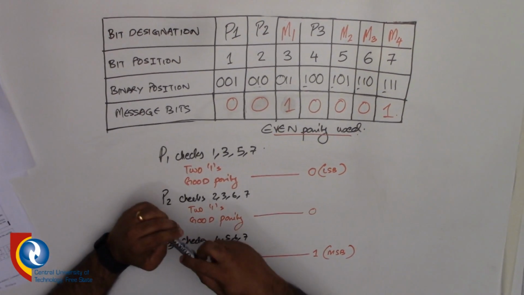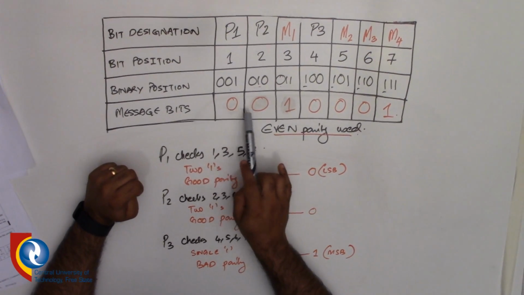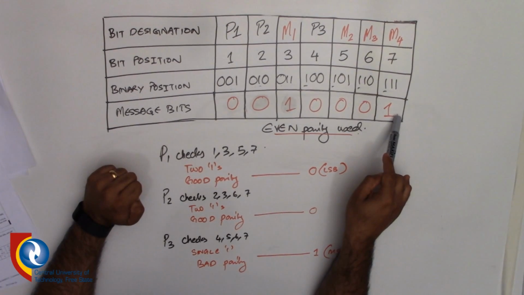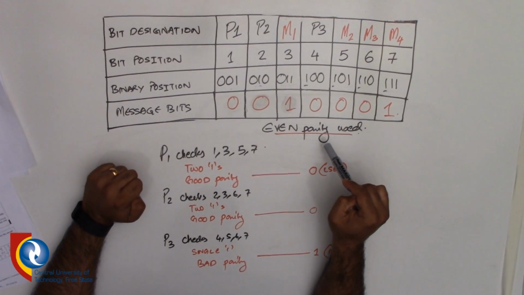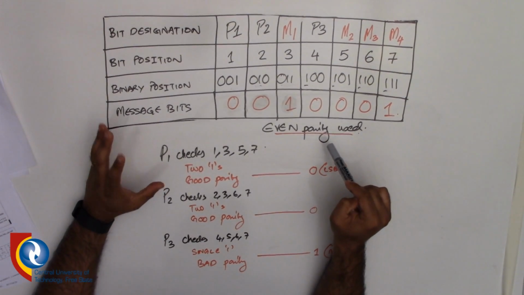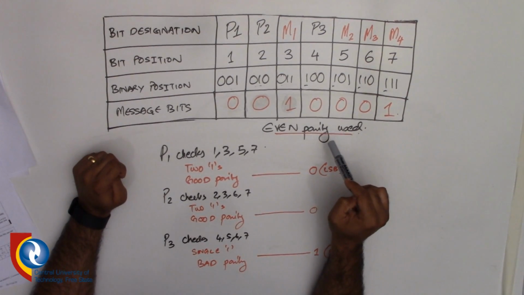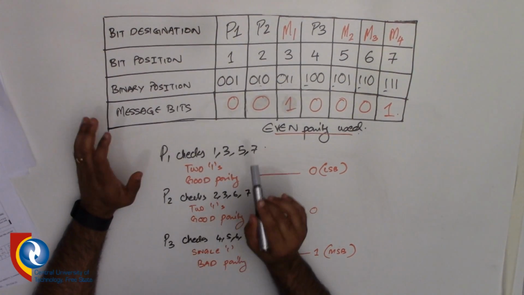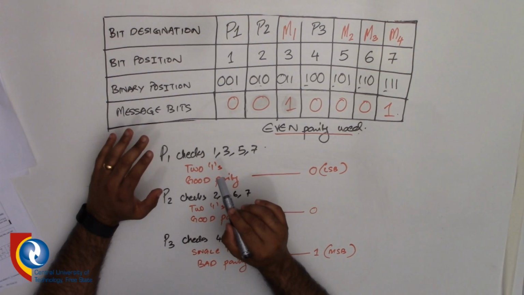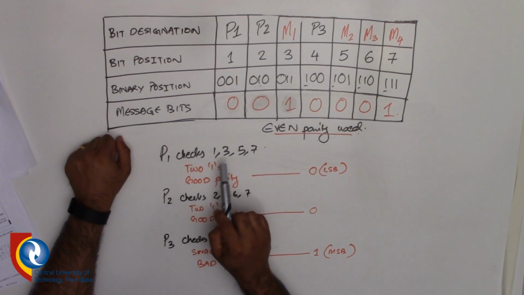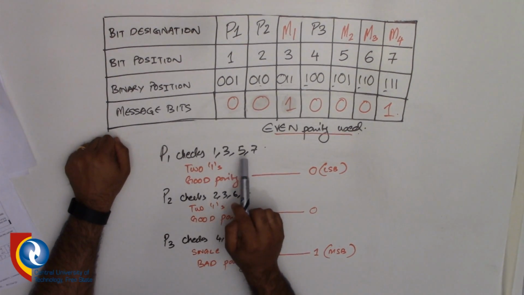Right. So the received code from the question was 0010001, and we need to make sure that it's using even parity. That's what the question states. So we need to check each of our parity bits to see if we have a good parity or a bad parity. Now, parity bit P1 checks bit positions 1, 3, 5 and 7.